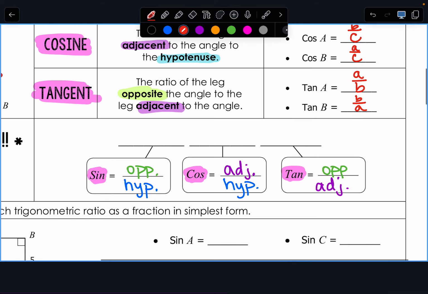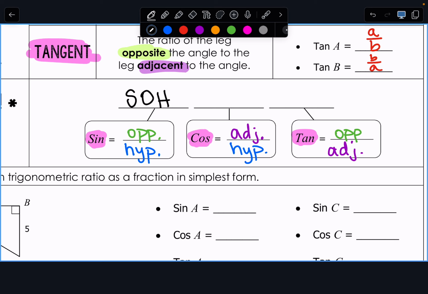Are you ready? SOHCAHTOA. Write it down. I'll tell you what it means. Write it down, and then you're going to look at me, and I'm going to describe it.